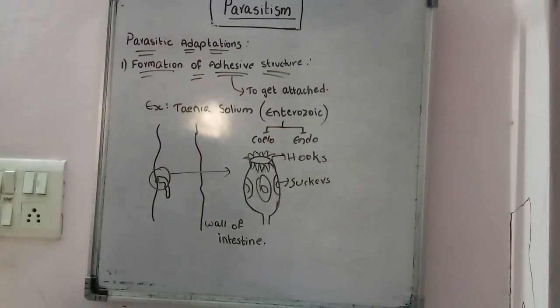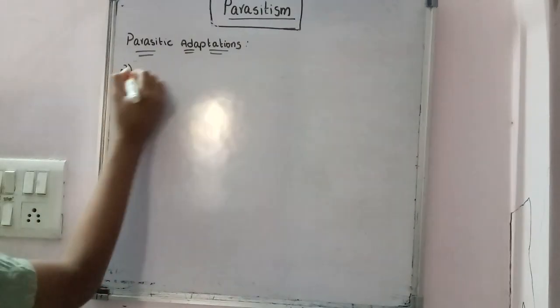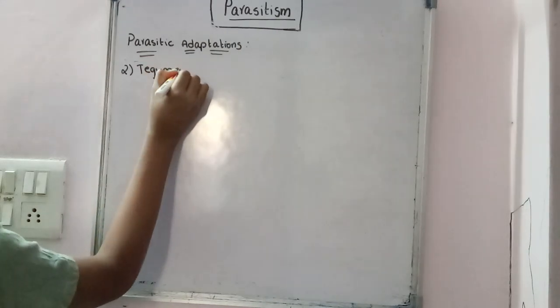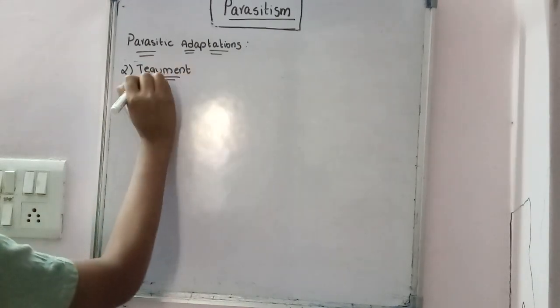So we'll go into the second one now. The second one is called the tegument. So what is the tegument? Tegument is a thick covering of a parasite.